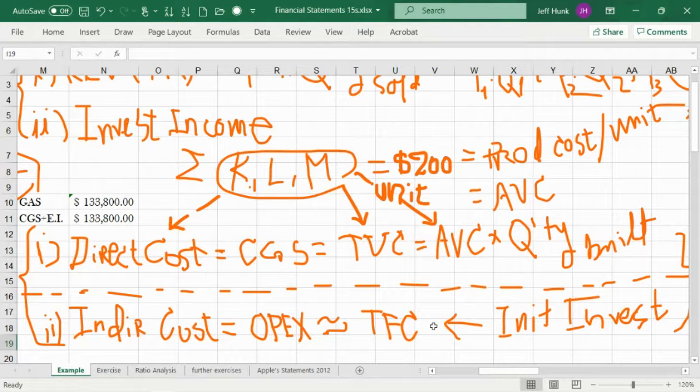But then, the reason I divided direct cost or total variable cost by the quantity produced is to illustrate the concept of average. When you divide a total by the number, isn't that average?